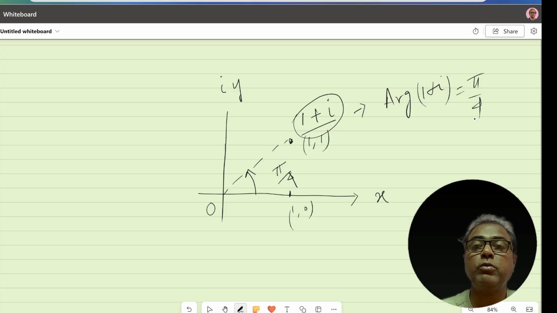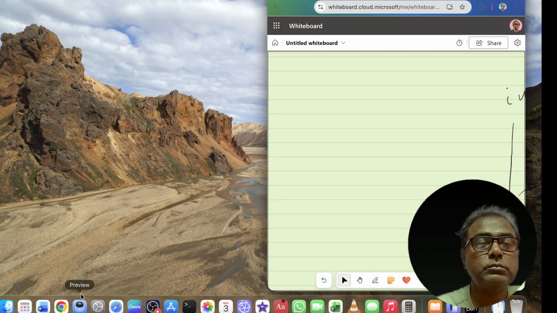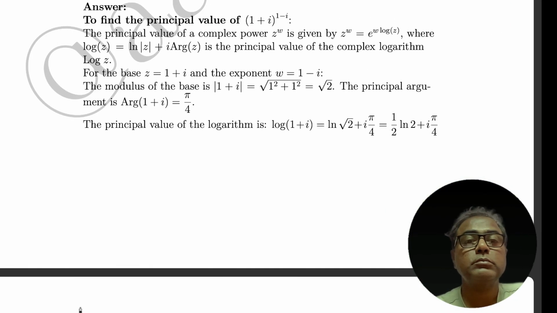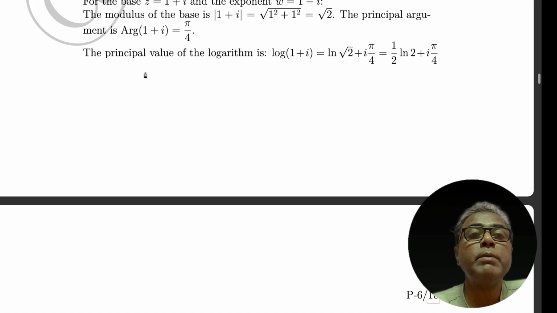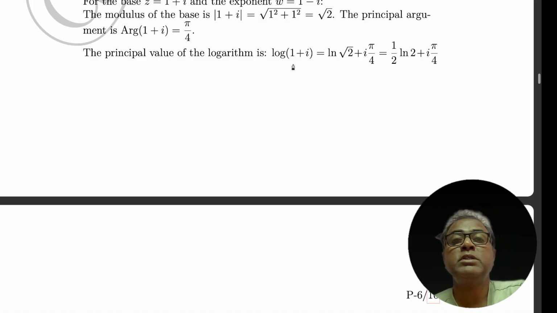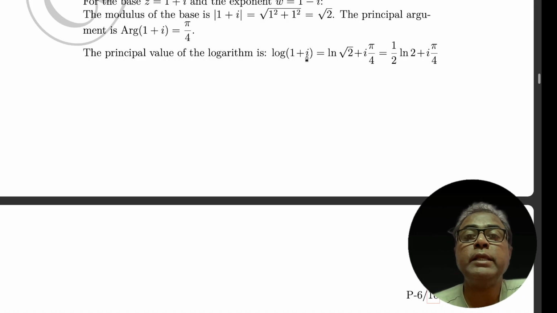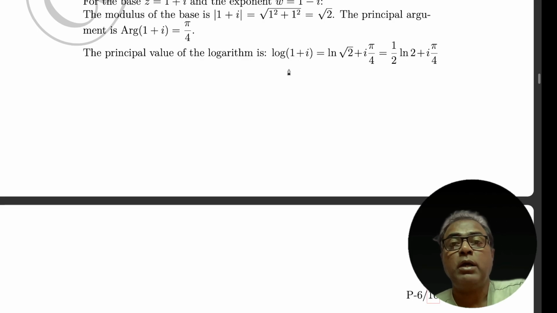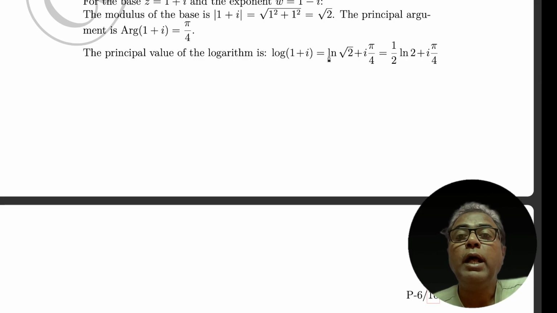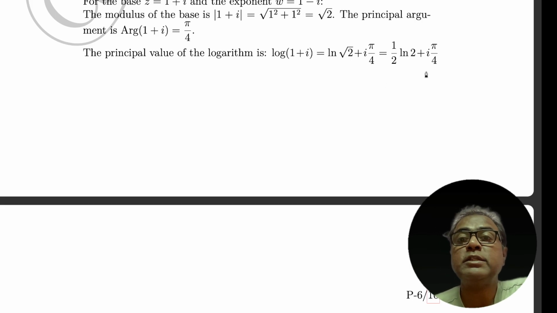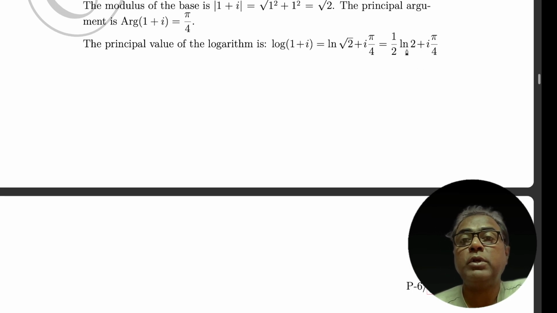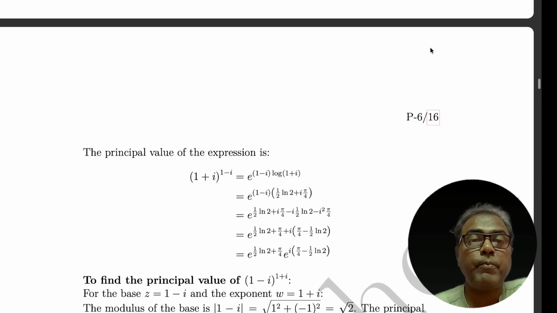The principal value of the logarithm, written with a capital Log, of 1 + i is the principal value of the multivalued logarithm function, and this is equal to ln root 2 plus i pi by 4, which equals half ln 2 plus i pi by 4.